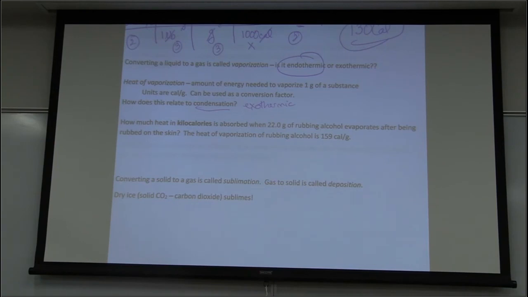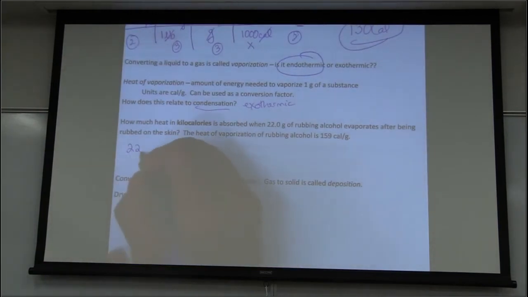Guys, make sure you start with your given. Don't start with the conversion factor. If you have a choice between a 1-unit number and a 2-unit number, what is the given? The 1 unit. So what is the given? 22 grams.